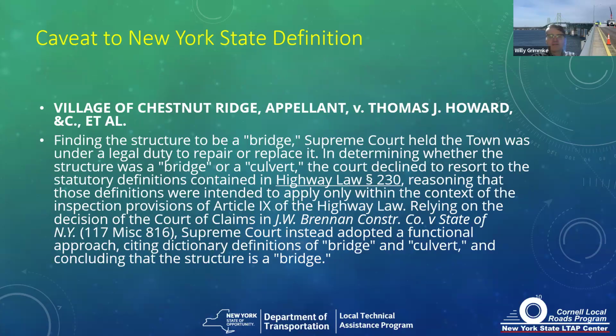So Chestnut Ridge versus Thomas Howard, and also referring to Brennan versus State of New York, the courts decided to go with the dictionary definition of what a bridge is, and regarding the statutory language, say if it looks and acts like a bridge, meaning it's a span over abutments, regardless of the length, it's a bridge. So it depends on the context of what a bridge is.